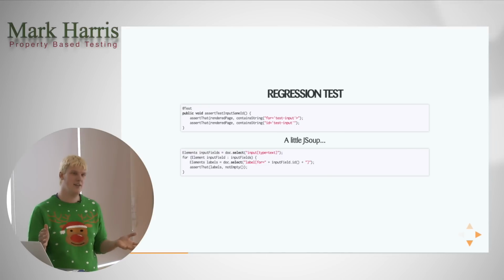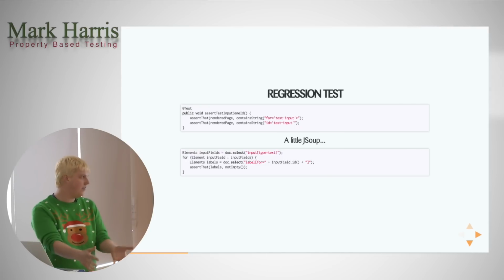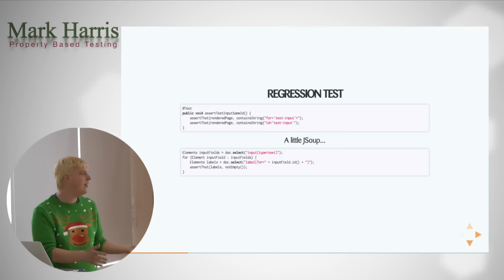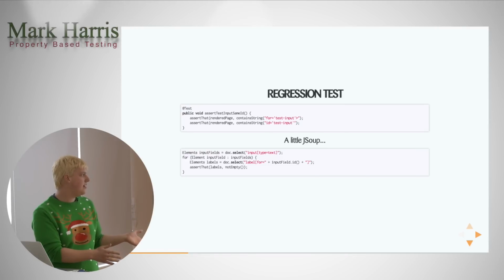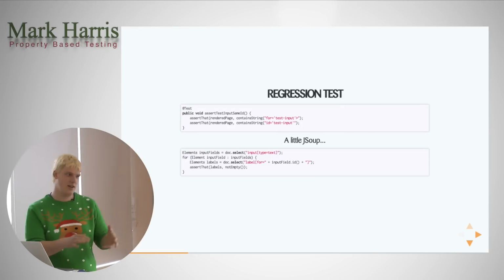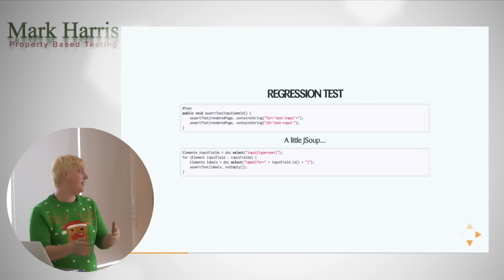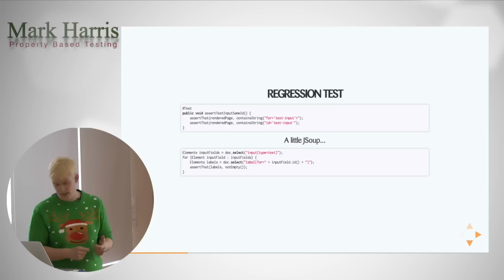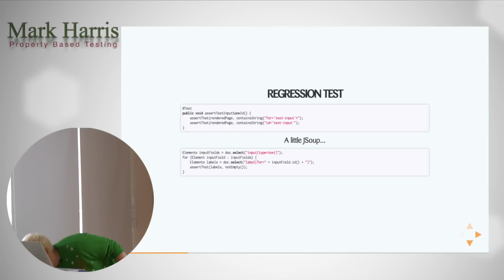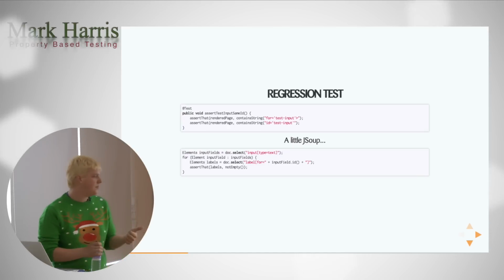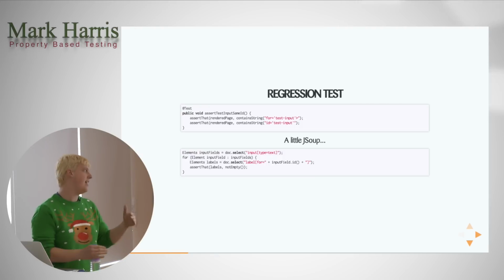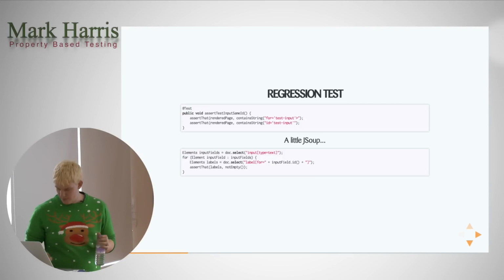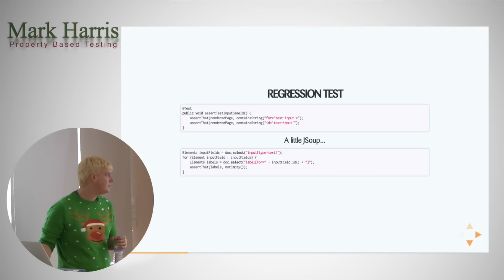That's saying there's a property on the HTML page that we're rendering, that all of the input fields that are of type text have a label and have the right ID on that label. And so that stops not only that specific example from going wrong again, but any of the other ones we've got on any of our other pages from suffering from the same problem.